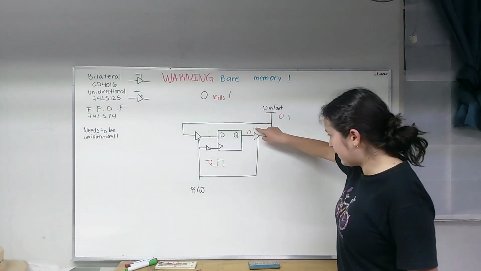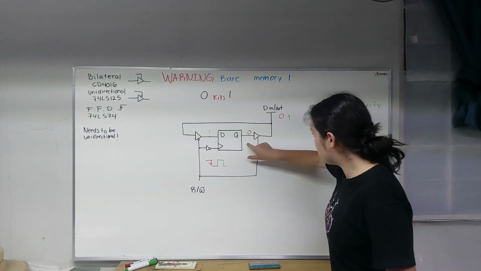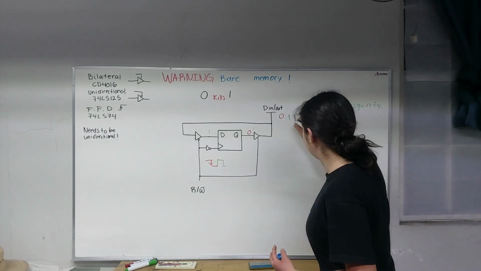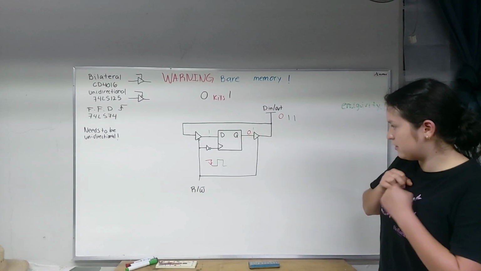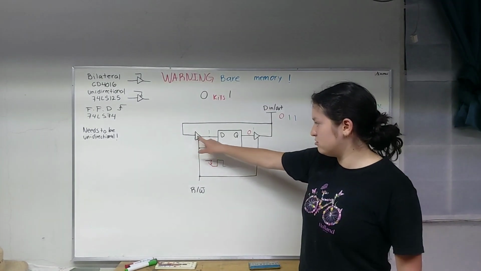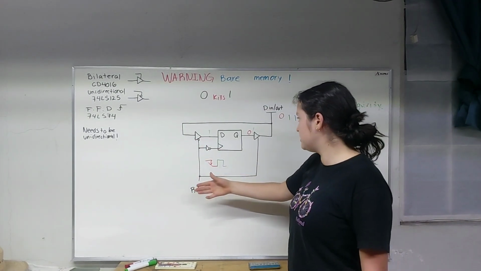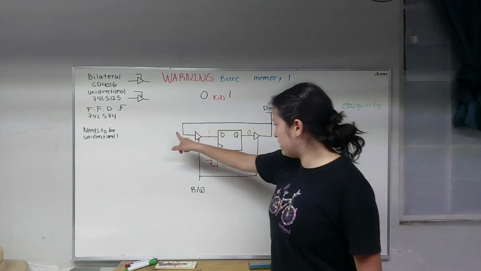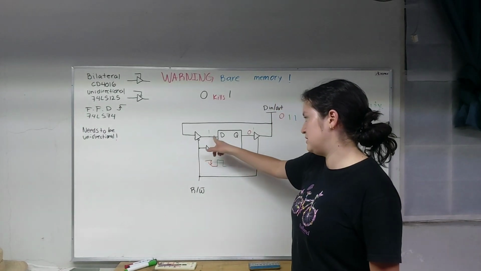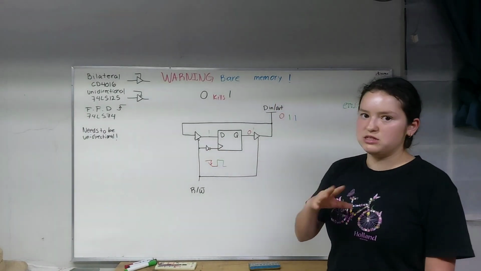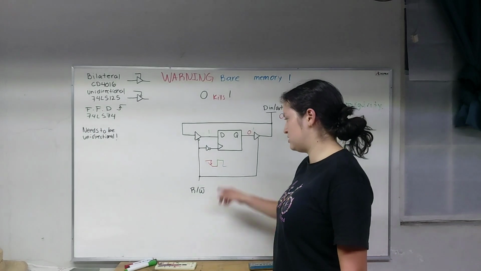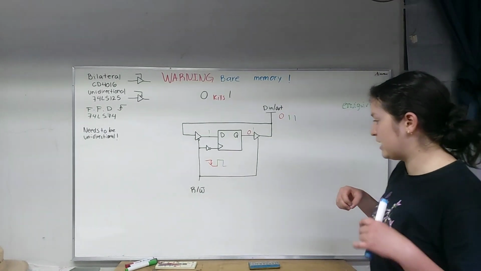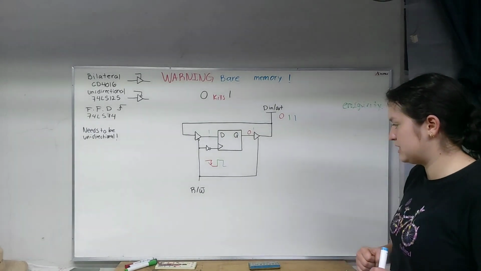Whatever is in Q goes to D, and now I'm able to see a 1. But here I have a 1, so it goes to 0. This gate is inactivated, so I don't care what is here, which is 1. I'm not going to let it pass. Also, the flip-flop is not going to respond because it's in a negative edge. That is the mechanism of how I can read and how I can write.